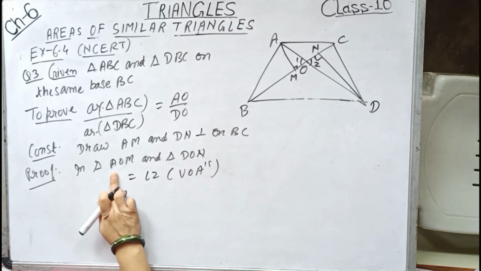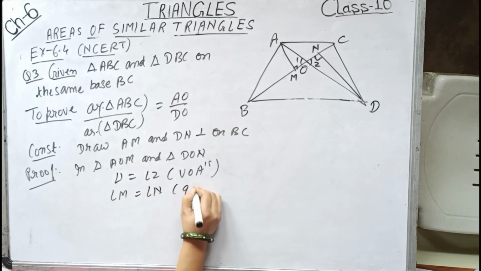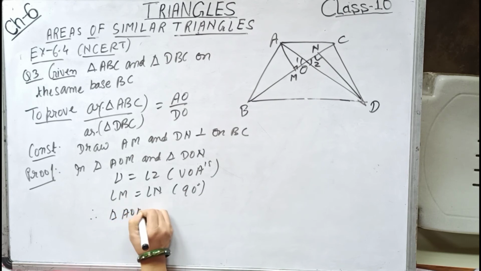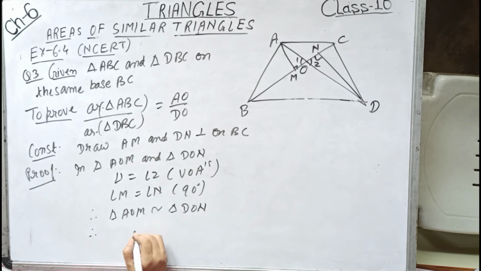Angle M equals angle N, 90 degree. Therefore triangle AOM is similar to triangle DON. Now these two triangles are similar, so we can write AM by DN equals AO by DO.